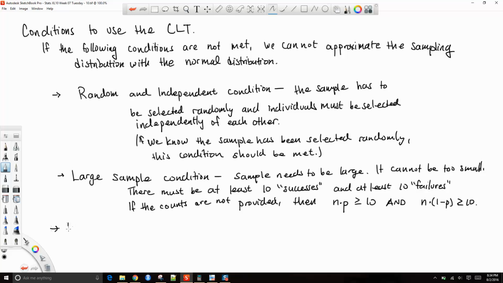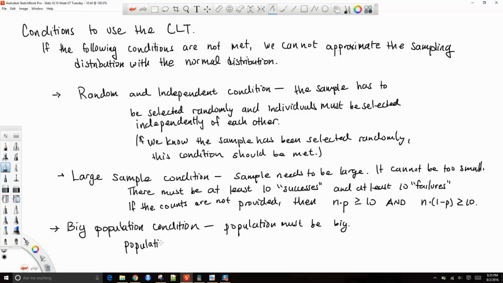And then lastly, we have the big population condition. For the big population condition, the population needs to be big. All right. Basically, the population must be at least 10 times larger than the sample.